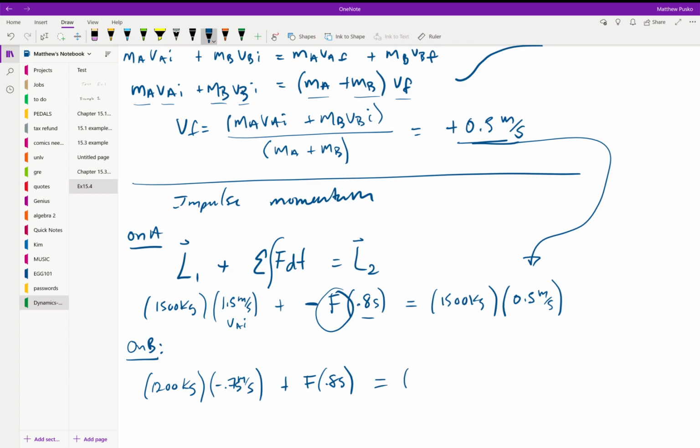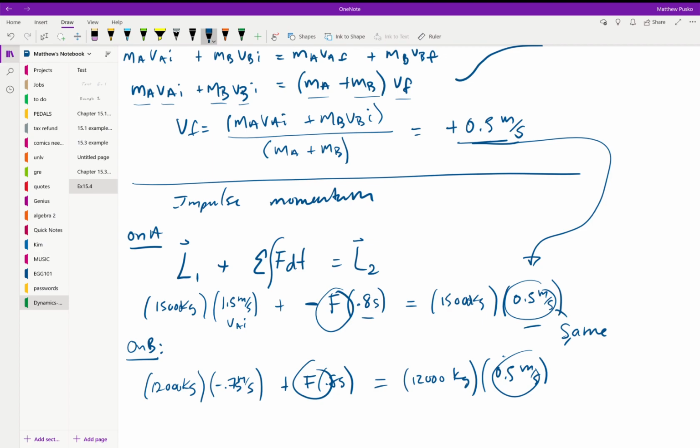And that's going to give us our 12,000 and 15,000 kilogram mass, the same velocity, because they move off together. So this thing and this thing are the same. And we can also calculate F in the same exact manner.